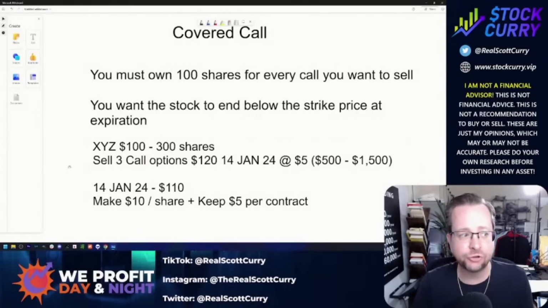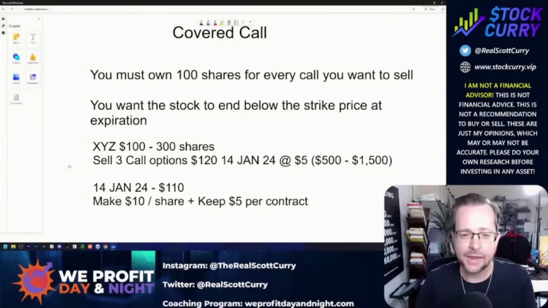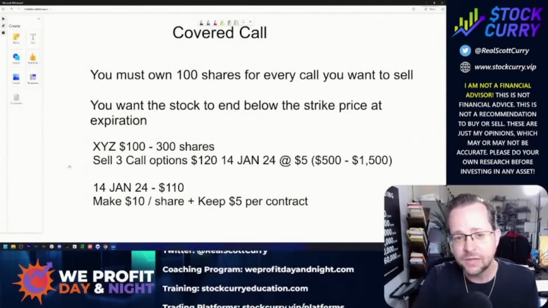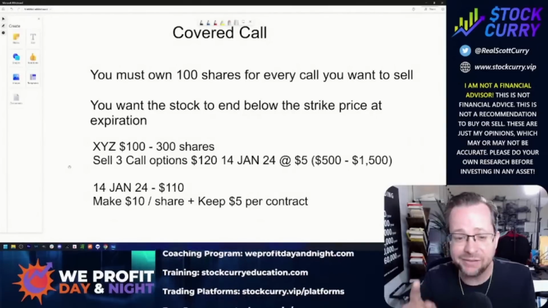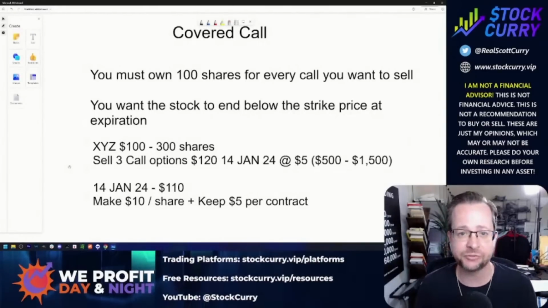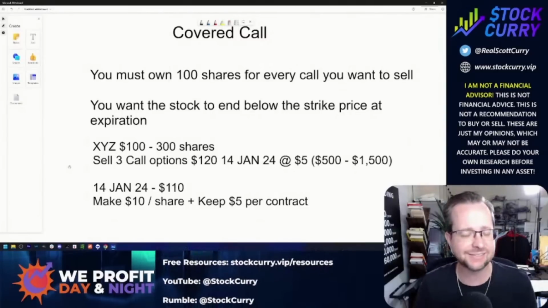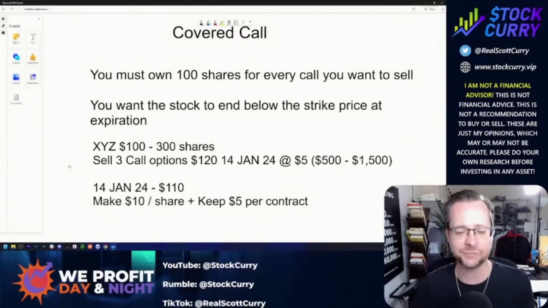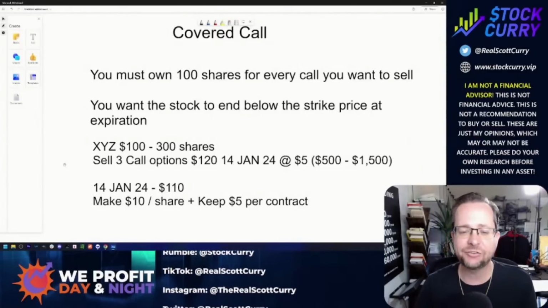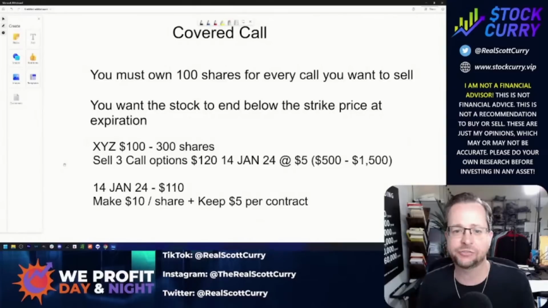So somebody who's just bought the shares has made $10 per share, but you smart sucker, you made $15 per share. So the person that just bought the shares is up 10%, but you are up 15%. Yeah, pretty smart. So this is why covered calls can actually increase your profits.